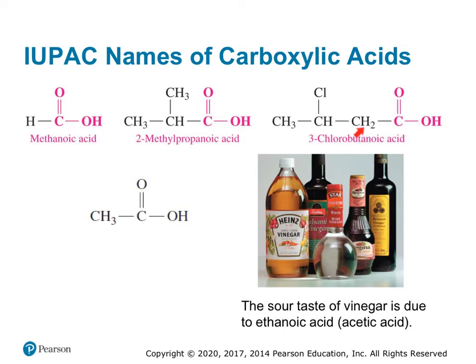Here we have butanoic acid, 1, 2, 3, 4 carbons with a chlorine on carbon number 3, so 3-chlorobutanoic acid. This is ethanoic acid, 1, 2 carbons. The common name for ethanoic acid is acetic acid, and that gives us the sour taste in vinegar.